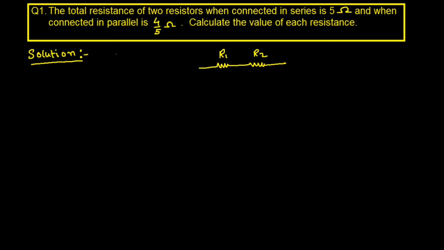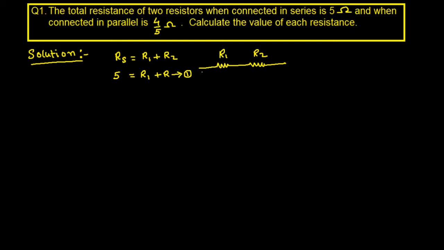So we know that for series connection, Rs is equal to R1 plus R2. So in this case, instead of Rs, we will put 5 ohm. So we will put here R1 plus R2. Say this one is equation number 1.